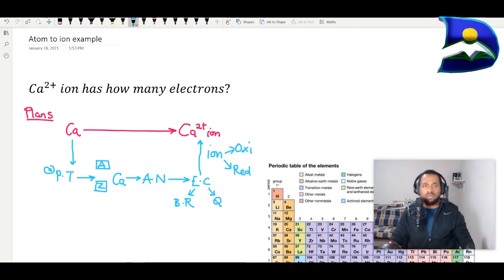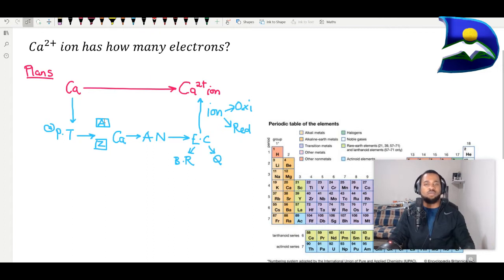So in this particular case, we're going to look at our solutions, and first and foremost our part A, which involves looking at the periodic table and determining where calcium is. According to this periodic table, calcium is in group 2.